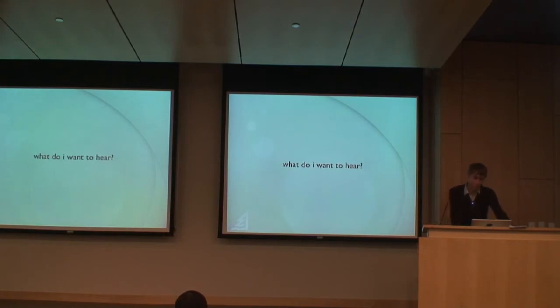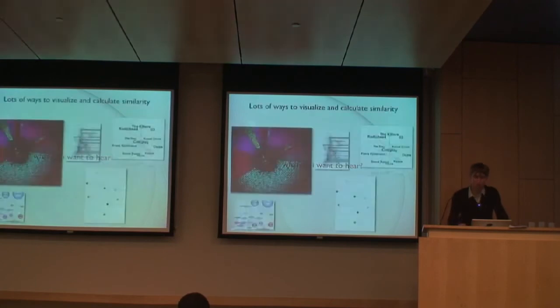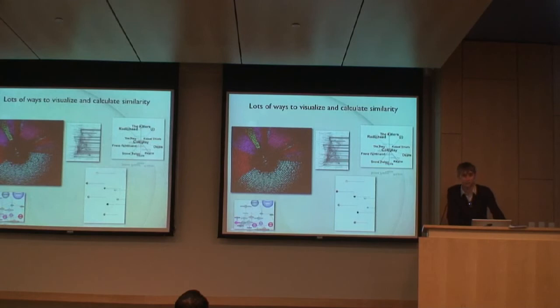But there are also more hardcore music similarity algorithms that try and calculate how similar songs are. There are a lot of different ways to visualize similarity and try and extract some information from songs.